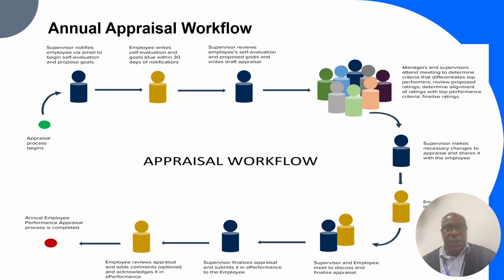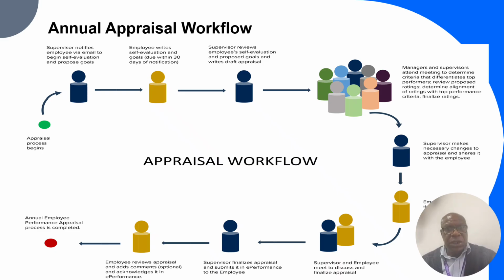So next we look at a pictorial representation of this. This is an annual appraisal workflow, starting from the green button, all the way to the red button. The green button is where the appraisal process begins. Then we go into supervisor notification to the employee.